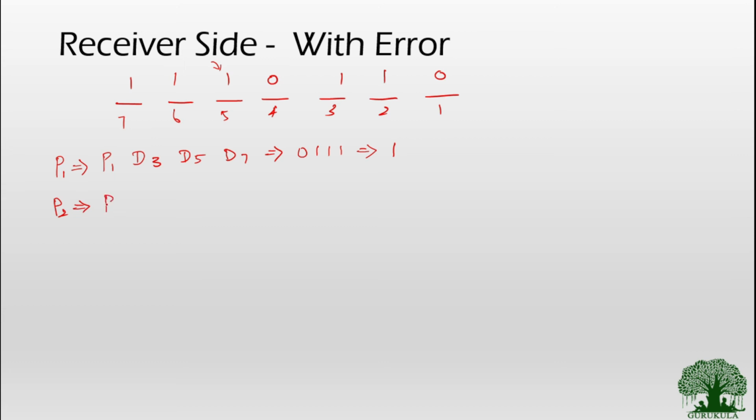Now simply calculate P2. P2 will be dependent on P2 and then D3, D6 and D7. Replacing the values of P and D bits, I will get 1, 1, 1, 1, and there are already an even number of ones present, so I can happily assign 0. The newly calculated P2 value is 0.